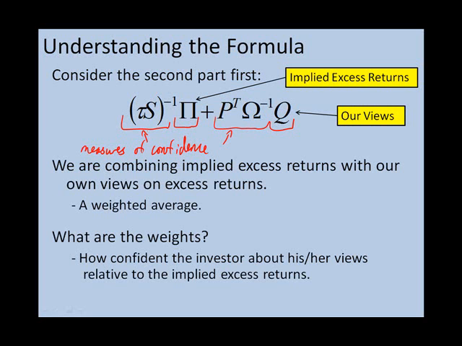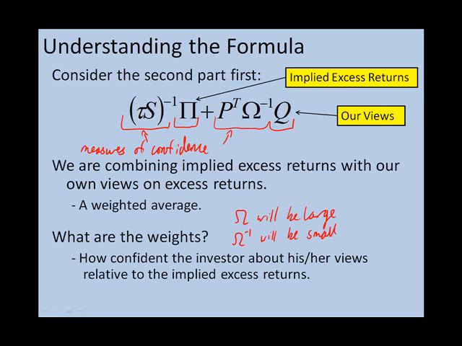Suppose we are uncertain about the value of an analyst's prediction. How is this going to translate in our formula? It will mean that if there's a lot of uncertainty about an analyst's prediction, the elements of omega will be large to reflect that uncertainty. But if omega is large, the elements of omega inverse will be small.